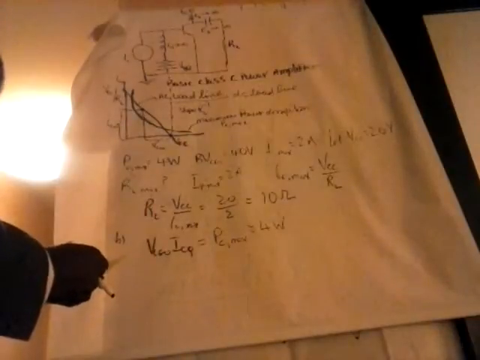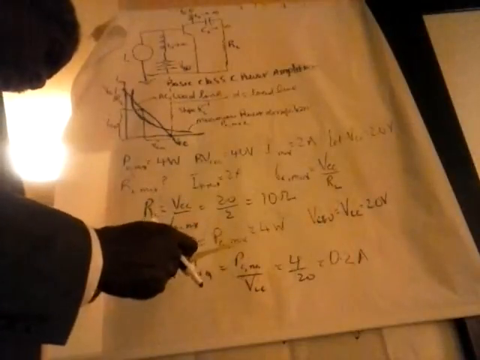Now in this case, if VCEQ equals VCC equals 20 volts, the maximum permissible peak collector current is IC max equals ICQ equals PC max over VCC, I equals P over V, that's equal to 4 over 20, that's equal to 0.2 amps.